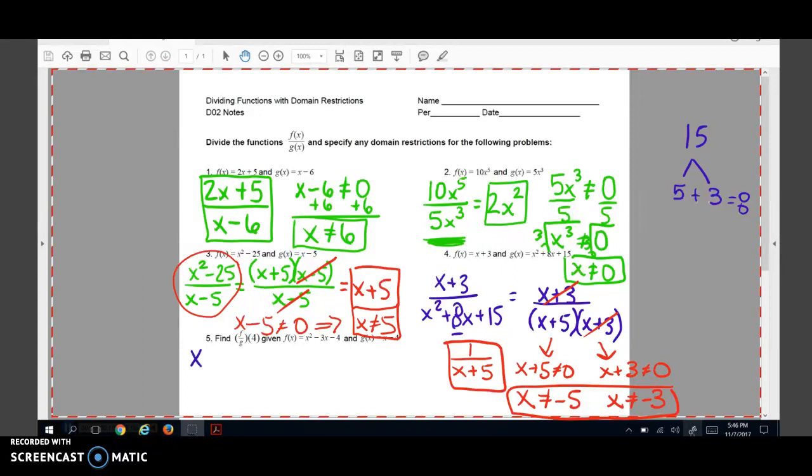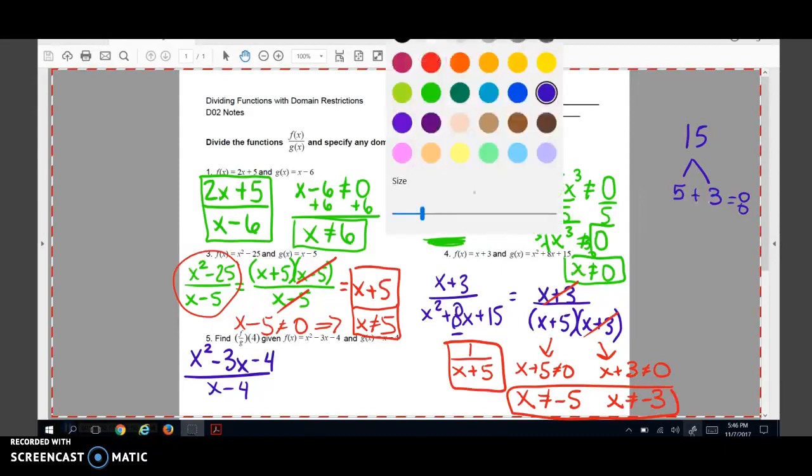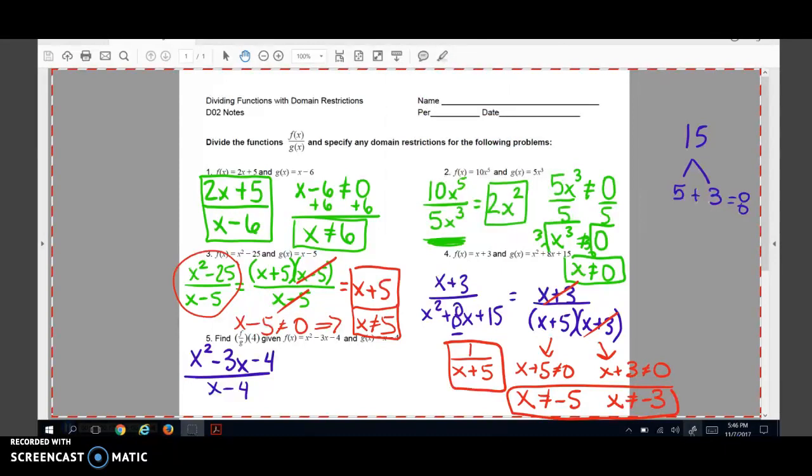your f function, which we have x squared minus 3x minus 4 over g, which we have is x minus 4. And we can simply plug in anywhere we see an x, we're going to plug in the value of 4.